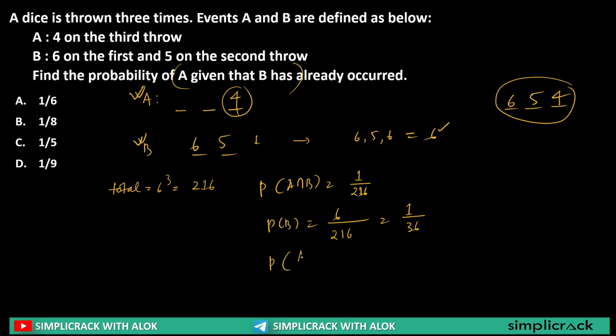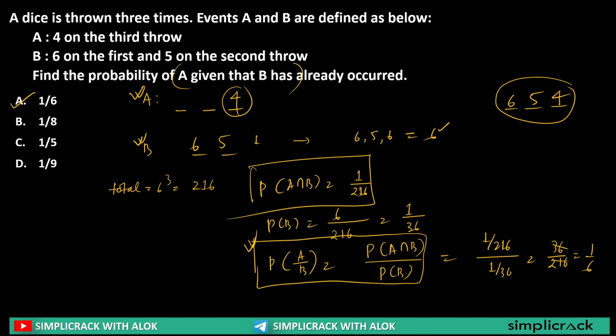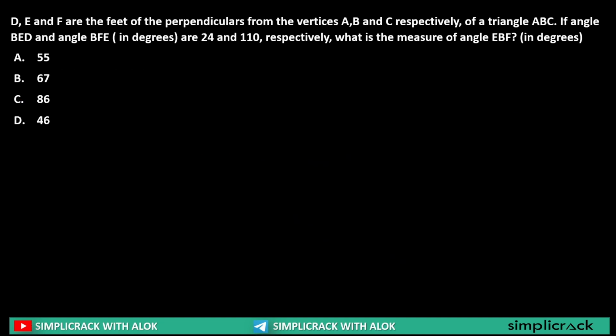That means P(A|B) is equal to P(A intersection B) divided by P(B). So 1 by 216 divided by 1 by 36, this can be written as 36 by 216 or 1 by 6. You should have this clarity, otherwise you can't solve this. I hope you have covered it in your syllabus.